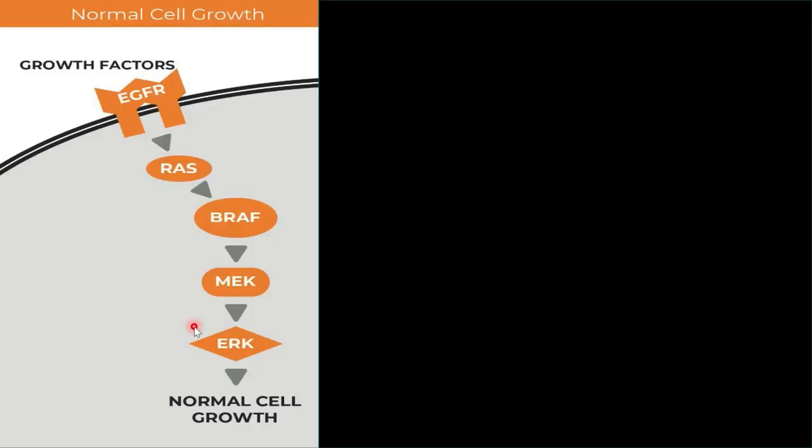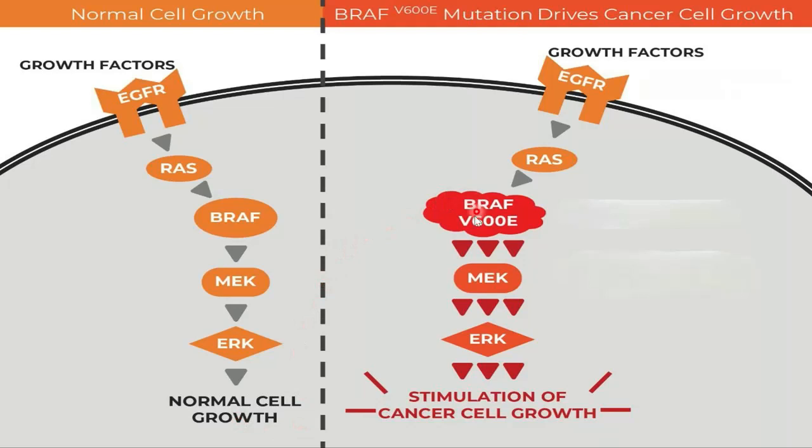Let us see how normal cell growth happens. The growth factors act on the epidermal growth factor receptor, and they activate the RAS system. Then the BRAF pathway comes into play. MEK comes into play, then ERK comes into play, and normal cell growth happens. In melanoma, this BRAF is mutated.